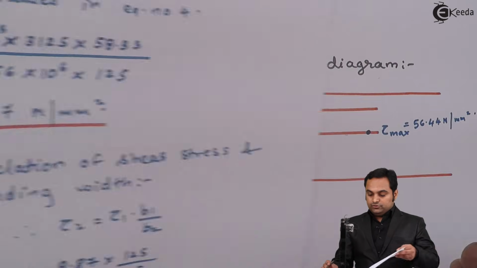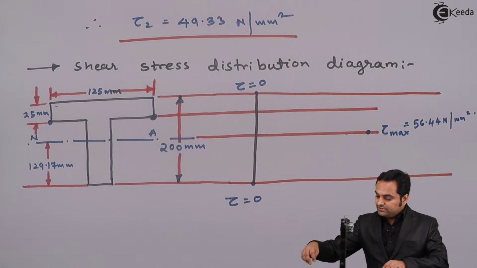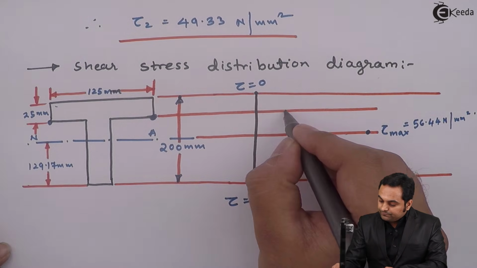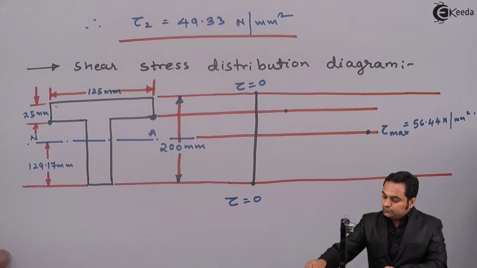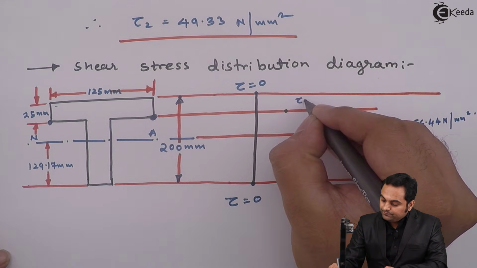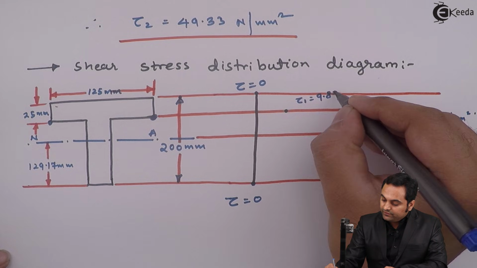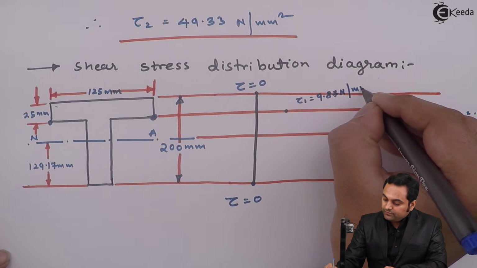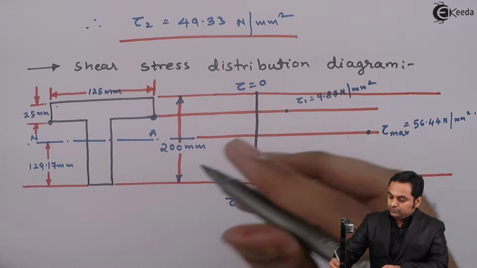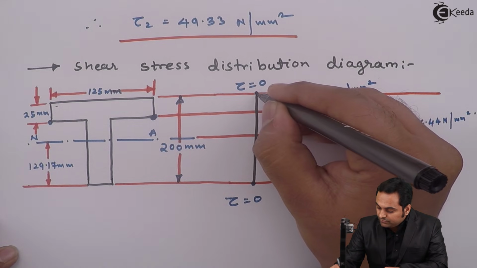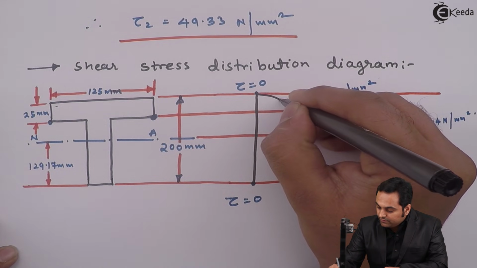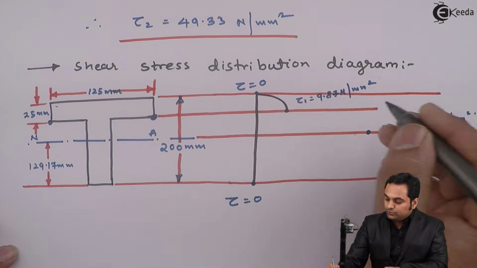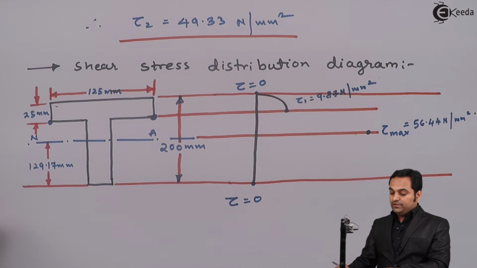So the nature is such that from 0 the shear stress will go on increasing and it will reach up to 9.87 Newton per mm square.